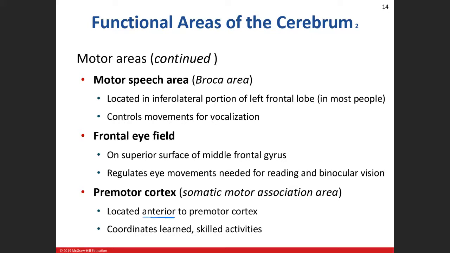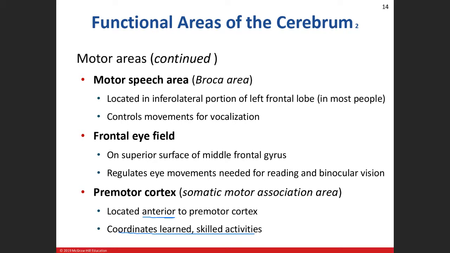So what do we learn here? Coordinated, learned, skilled activities, like playing the violin or juggling. All that information is in the premotor cortex. Questions about motor? Remember, where's the motor of a car? In front.